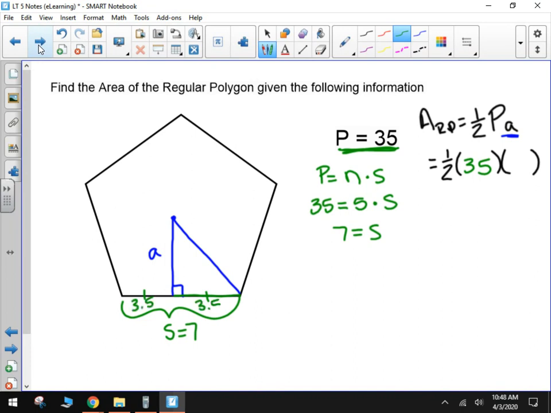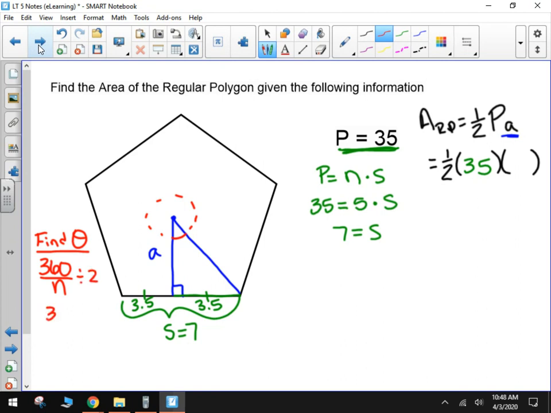Now I have A, and I at least have one side of my right triangle. So all I need now is an angle, and then I can find my apothem. Again, we're always going to find this angle up here because we know it creates a circle all the way around. So to find theta, remember we take 360 divided by n and then divide by 2.